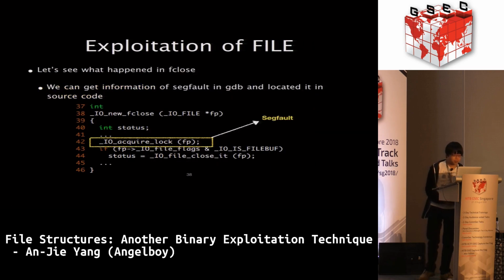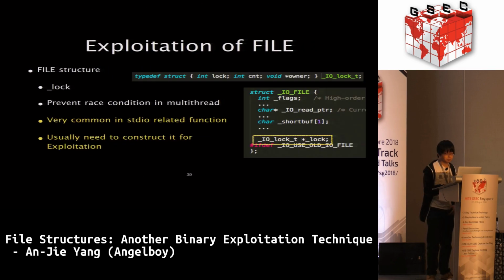Let's debug it with the glibc source code to see what happened in fclose. We find a segmentation fault at IO_acquire_lock. It is a function to get the lock in the file structure. It is the lock structure pointer in the file structure, which should point to a writable memory.